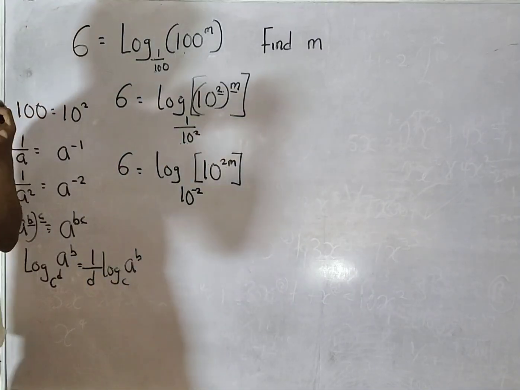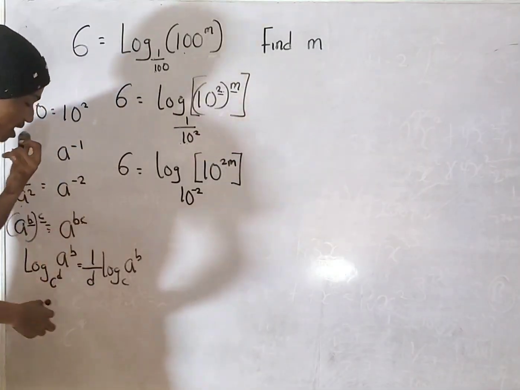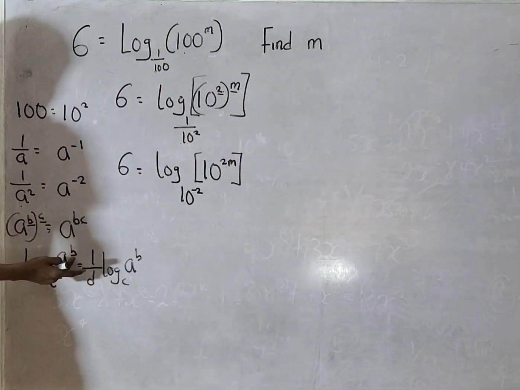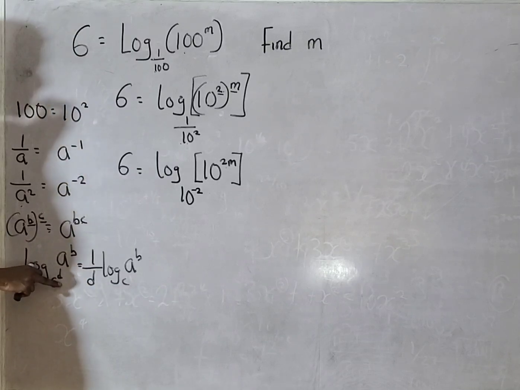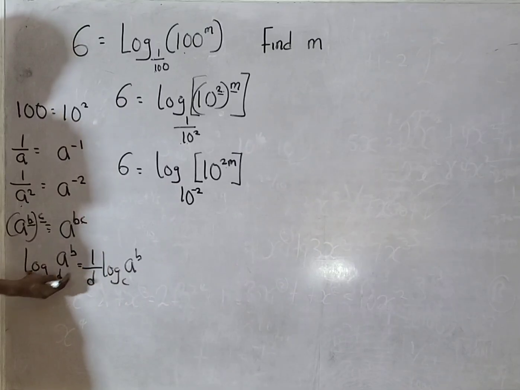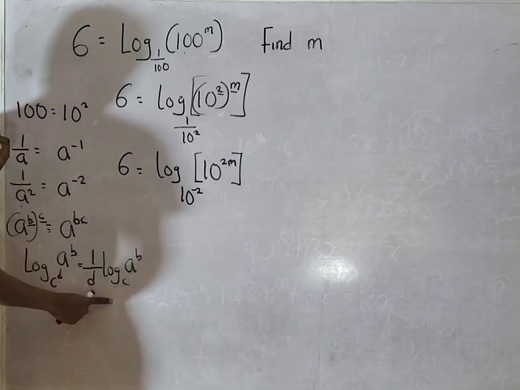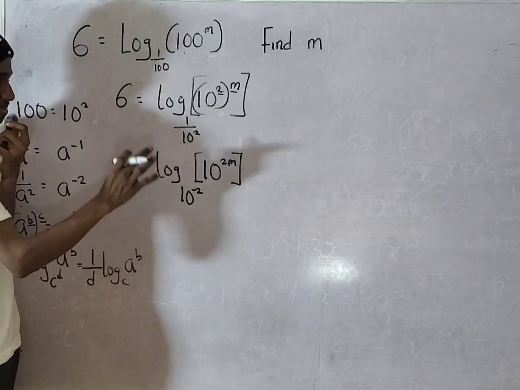So anytime you discover that the base of your logarithm has a power, for example, we have log of a raised to the power of b, base c raised to the power of d, the base of this logarithm is c, and the power to which the base is raised is d. So the result will be the reciprocal of d, which is 1 over d, multiplied by the logarithm. So I'm going to apply this law here.